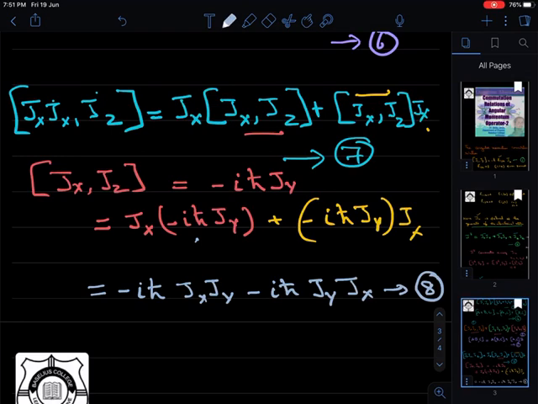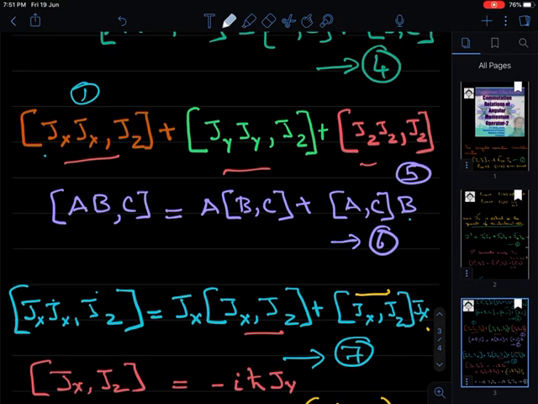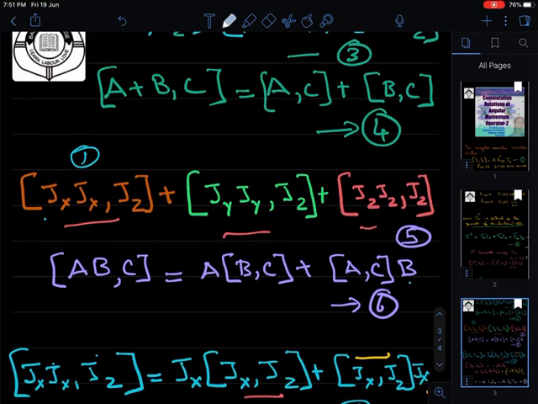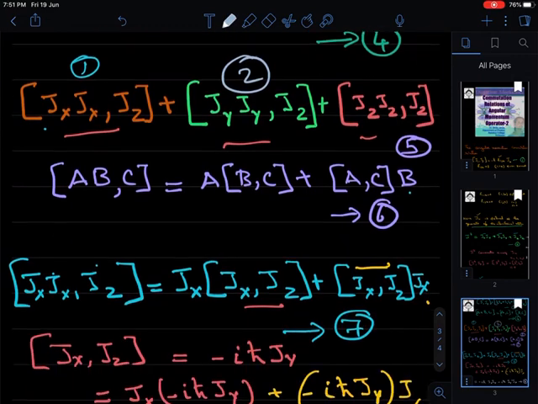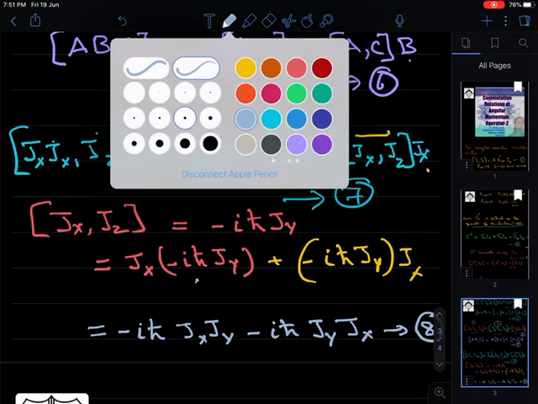Now again you have the second term here, what is it? jy, jz commutation. So that again will simplify.